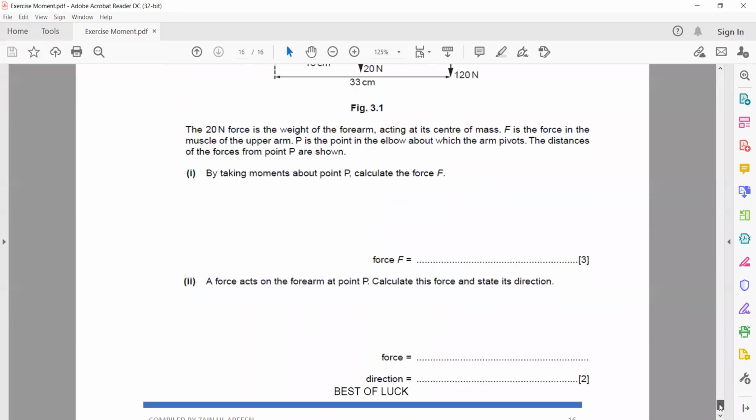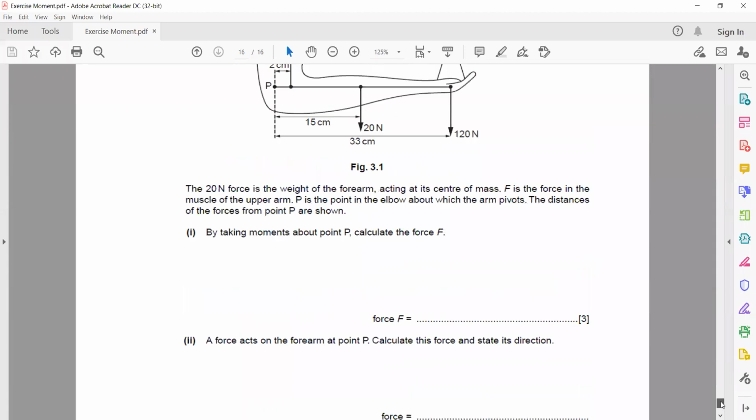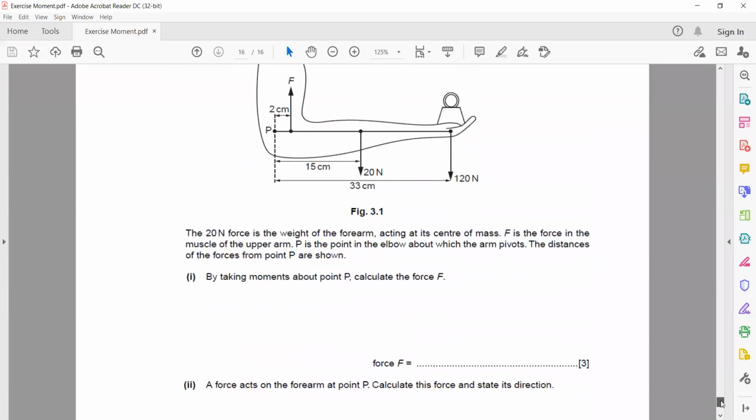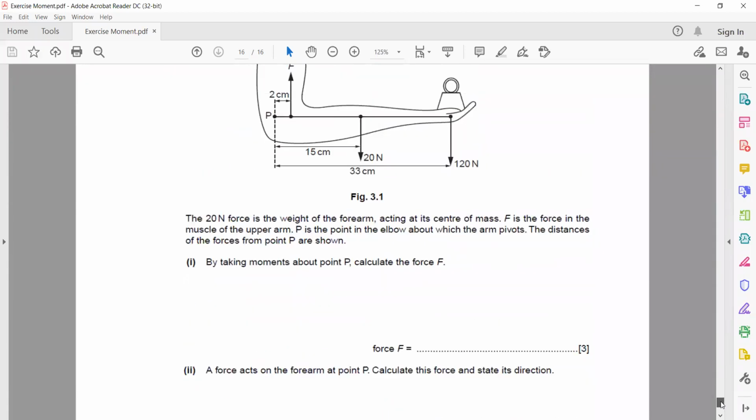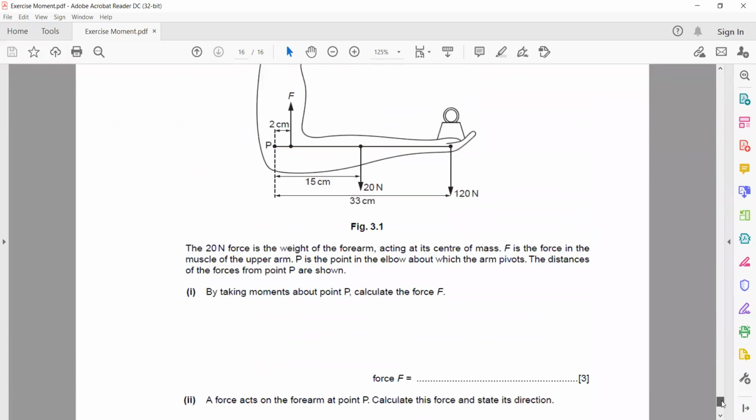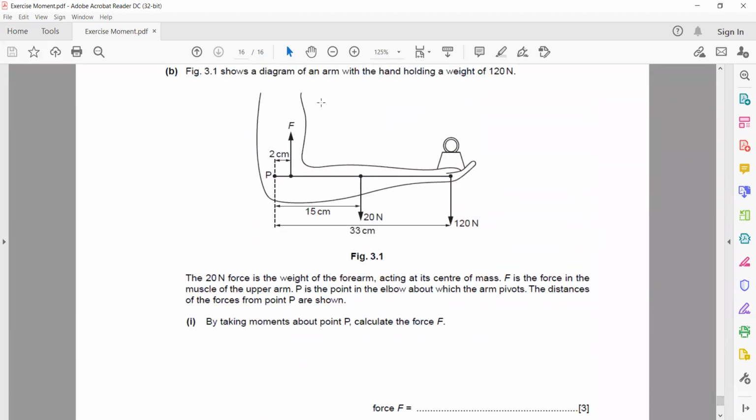Then they're asking for the force acting on the forearm. Which direction should the force be to make it balance? If an object is in equilibrium or balanced, the total upward force equals the total downward force. The total downward forces are 120 and 20, and the upward force is 2160, I think it was.